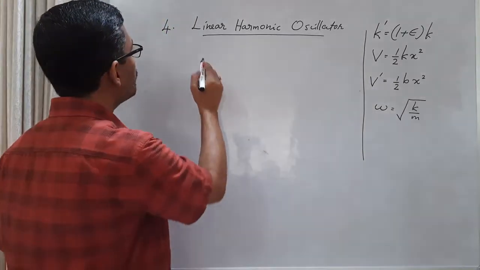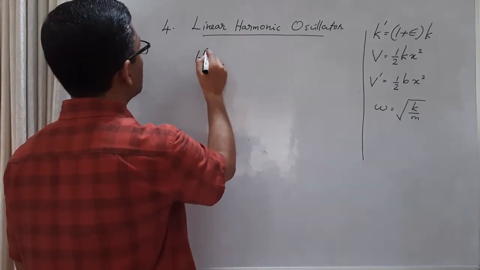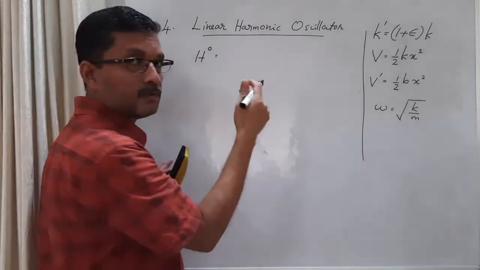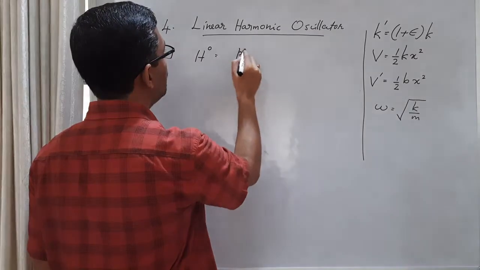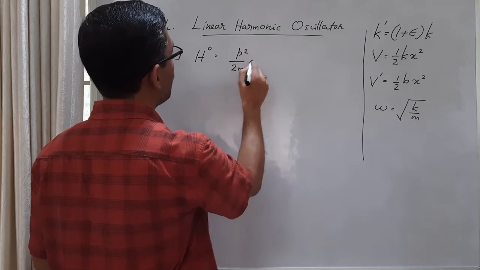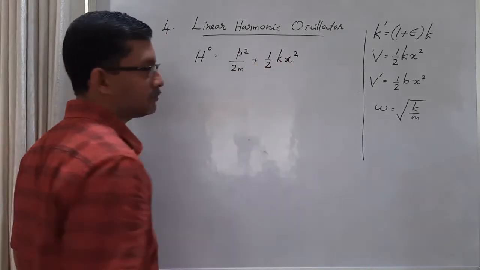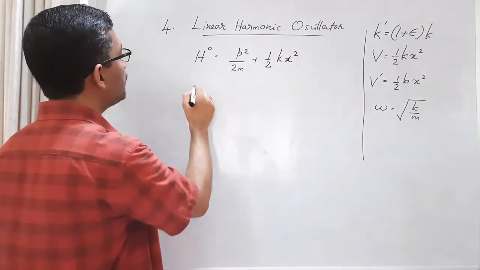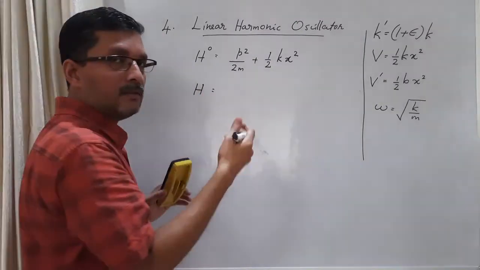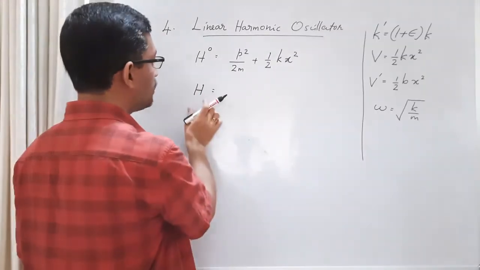Okay. So what is the Hamiltonian, let us say H0, Hamiltonian of the unperturbed oscillator? p square by 2m plus half k x square. Okay, what is the Hamiltonian of the new system after perturbation, total Hamiltonian?